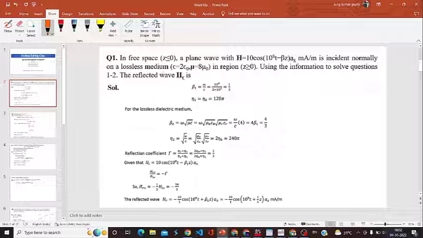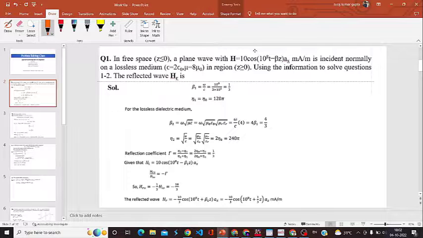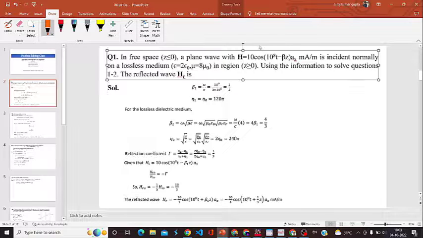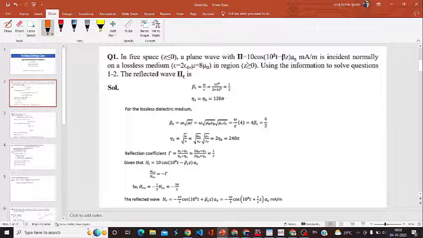Now in this problem we have to find the reflected wave. The incident magnetic field is given to us, and by using it we have to find the value of the reflected magnetic field.